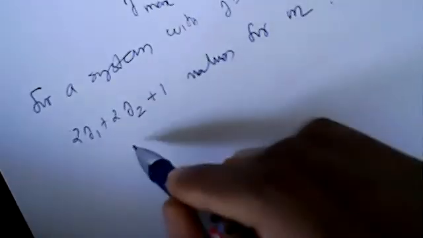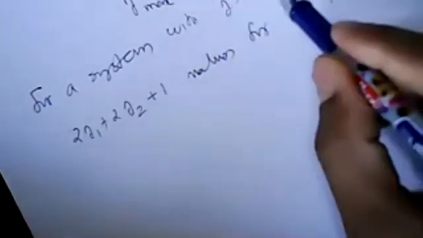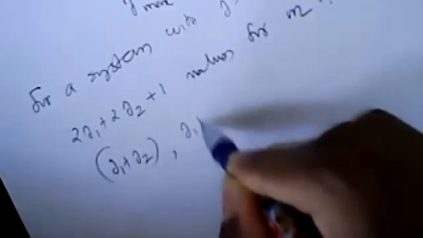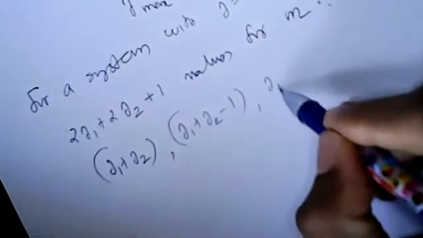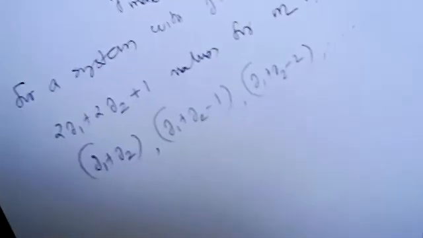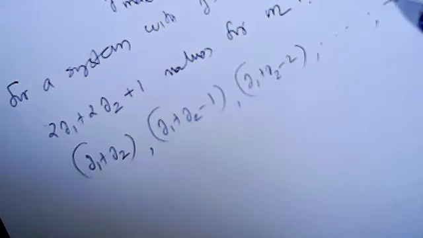The first value is J1 plus J2, then J1 plus J2 minus 1, then J1 plus J2 minus 2, and so on. It continues up to minus (J1 plus J2).